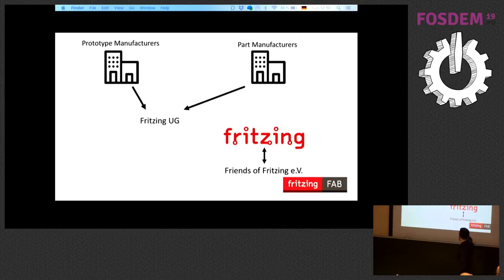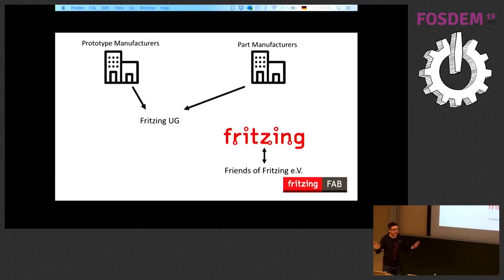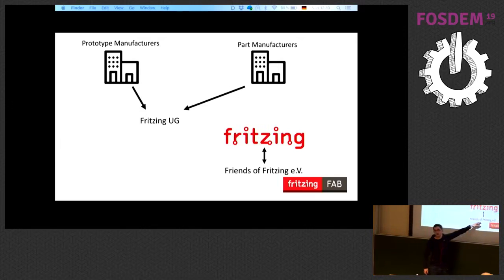And on the right is the Friends of Fritzing, which is a public association. All the money goes into the limited liability company. But there is no connection between these two parties that I know of. And all the developers and everything is going on here, but there is no money, no funding at all.